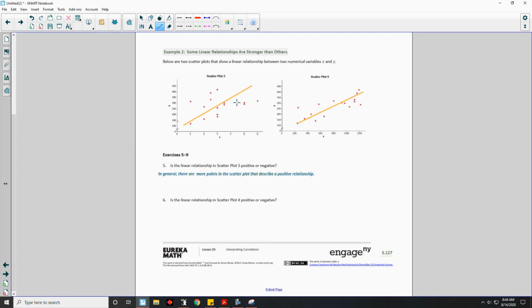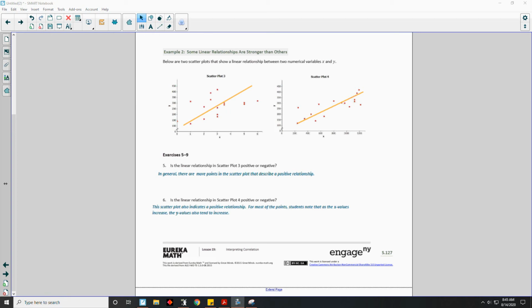So this is a weak positive linear relationship. This is a stronger positive linear relationship. This scatter plot also indicates a positive relationship. For most of the points, students should note that as the x values increase, the y values will also tend to increase.